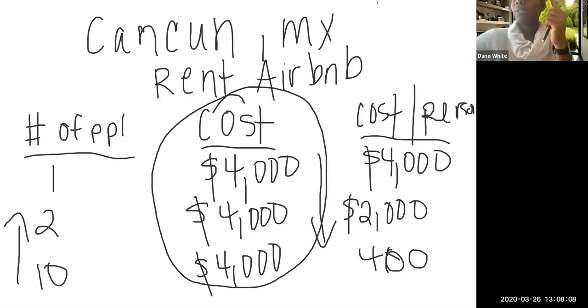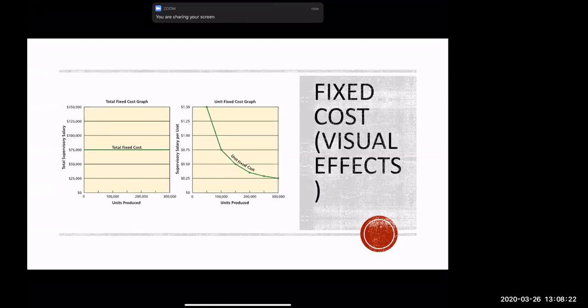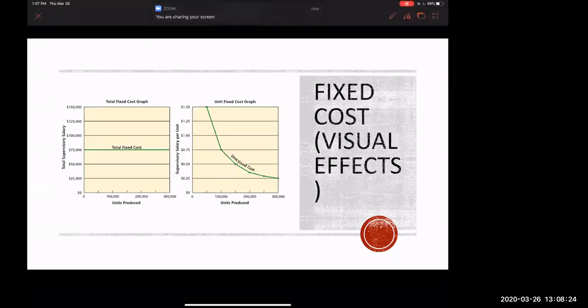So for my visual people, this is what this looks like visually. So fixed costs, in the very first graph, we're talking about the total supervisor's salary, right? So Francine, her salary, no matter what, was $75,000, right? Or in our example that we did on a whiteboard, we looked at going to Cancun and the Airbnb was $4,000, right?